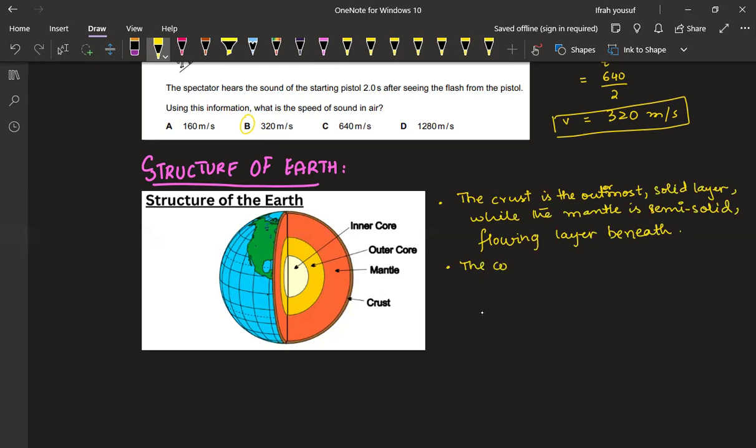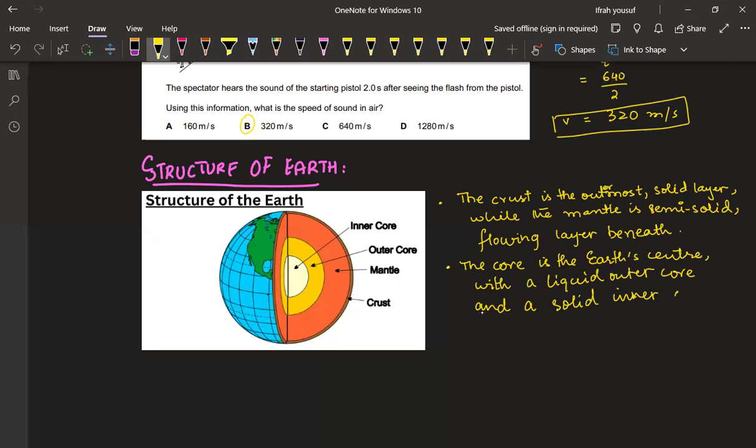The core is the Earth's center with a liquid outer core and a solid inner core, right?